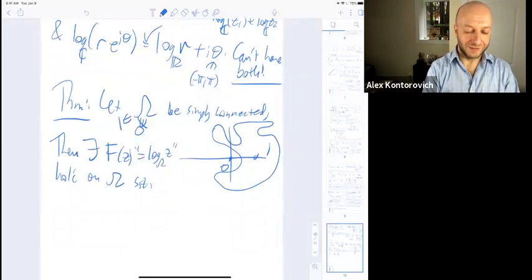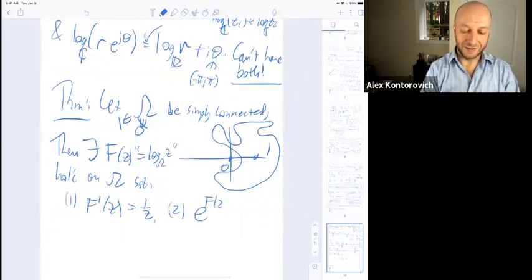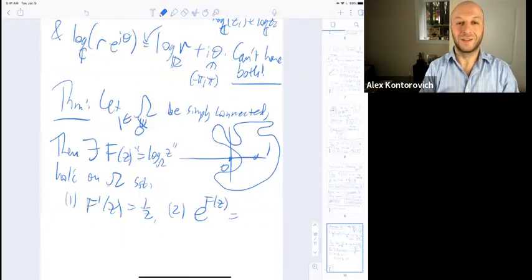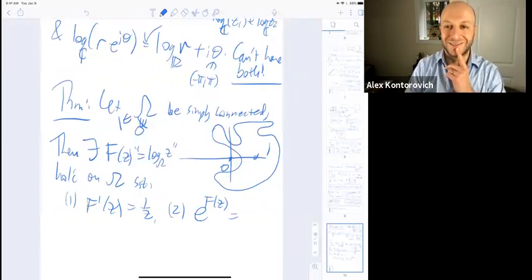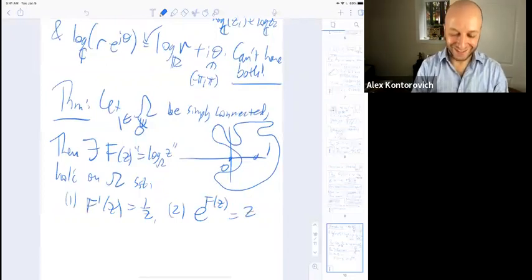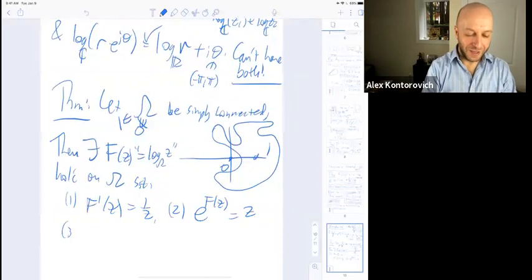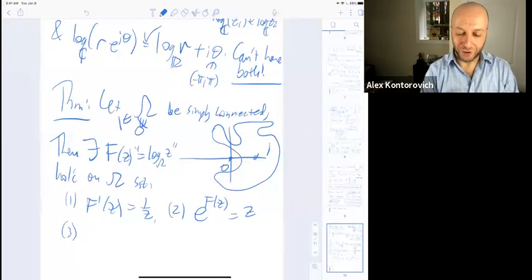such that f prime of z is 1 over z, e to the f of z is z. Good. And 3, you see we have this neighborhood around 1. There's a disk around 1.